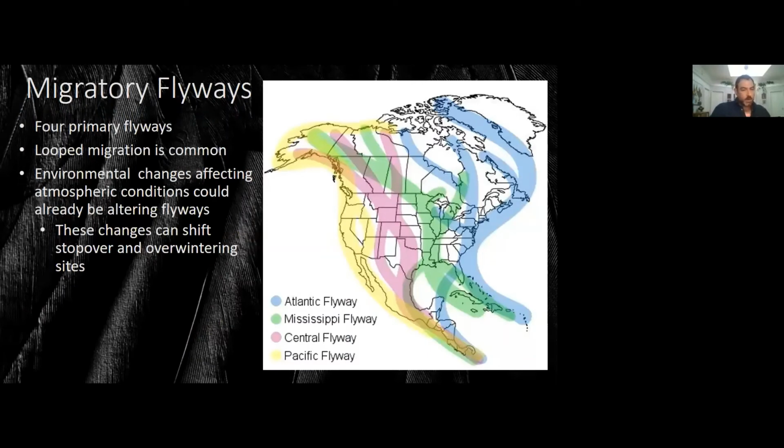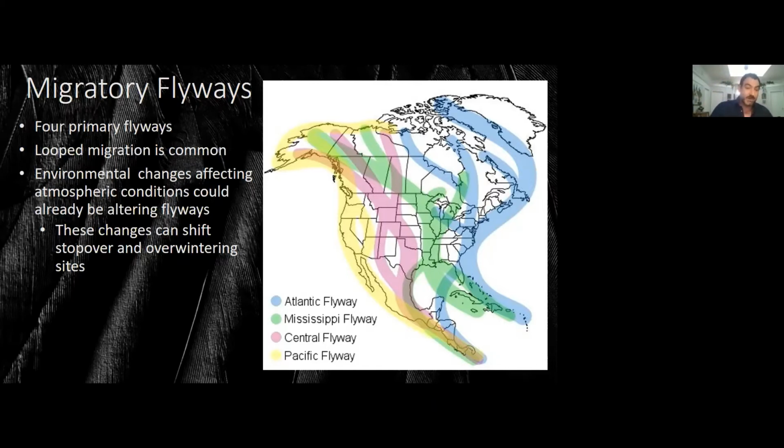And next, I want to talk about migration and migratory flyways. As seen in this illustration, there are 4 primary flyways: Atlantic, Mississippi, Central, and Pacific, as they are often described. And looped migration is common, so birds won't necessarily follow the same path north as they follow south.